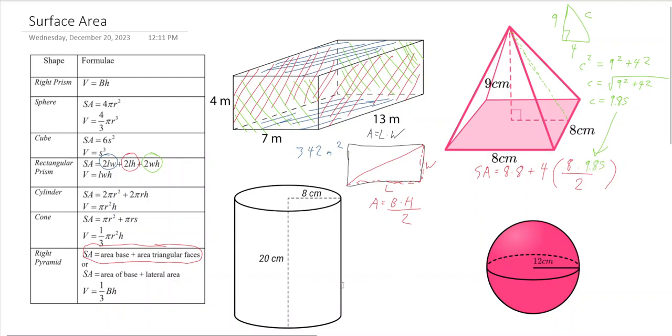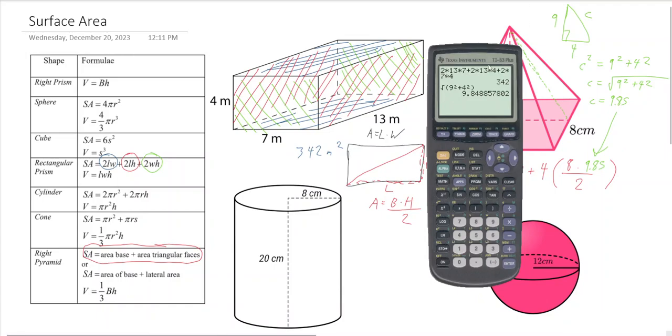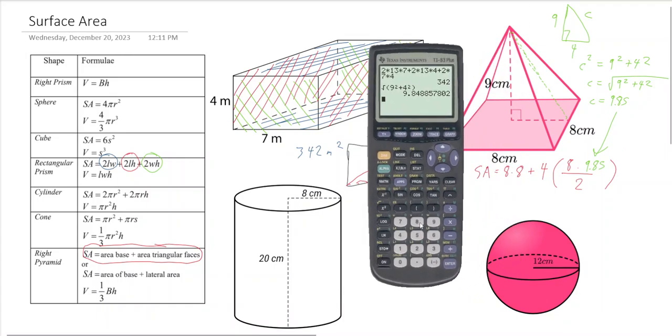9.85. Okay, so now we can plug the whole thing back into our calculator. So 8 times 8 plus 4 bracket, and then 8 times 9.848857 divided by 2.